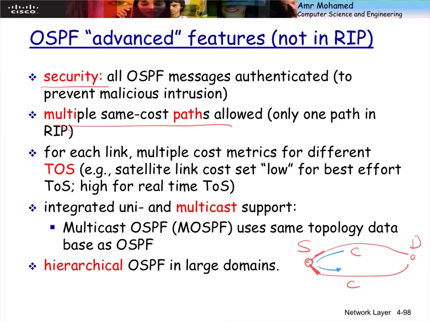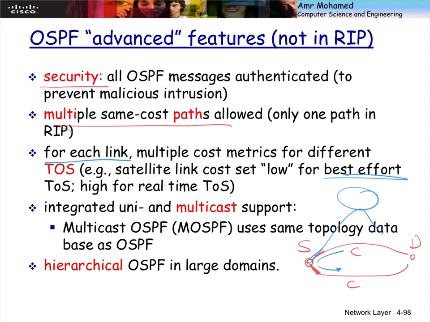Not only that, but there is one extra complexity: for each link, multiple cost metrics for different types of service. How? Now there is a link, for example, to reach D through satellite. That link, with the same technology through satellite, has two different costs. The cost for a type of service: if I have a satellite link, the cost is set low for best effort.